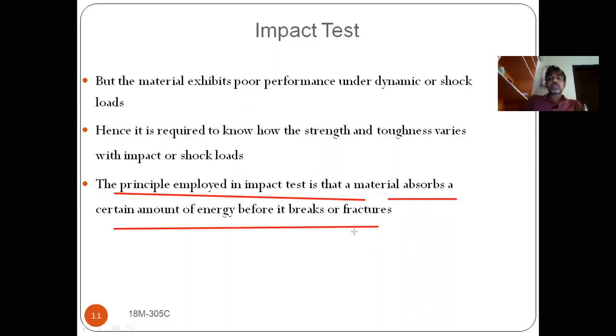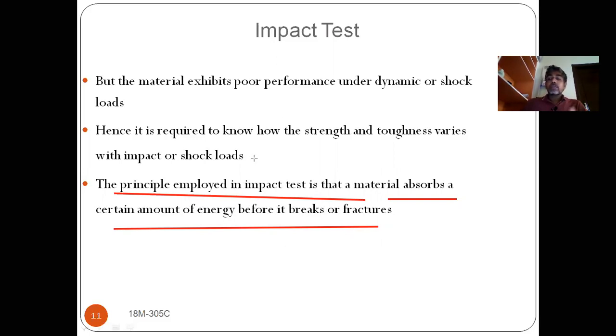Whenever a material breaks, it absorbs some energy. Based on that energy, we can say how much impact strength it has, that is, how much capacity it has to absorb energy. So this is the main principle.